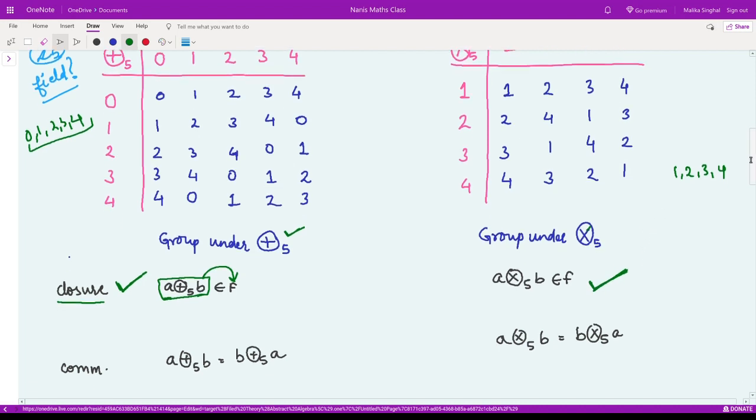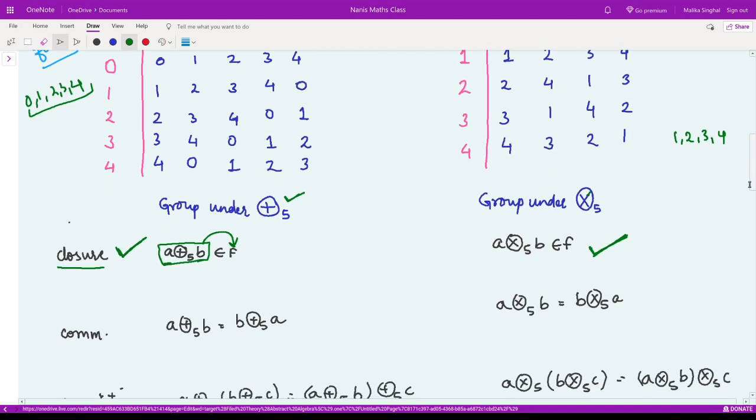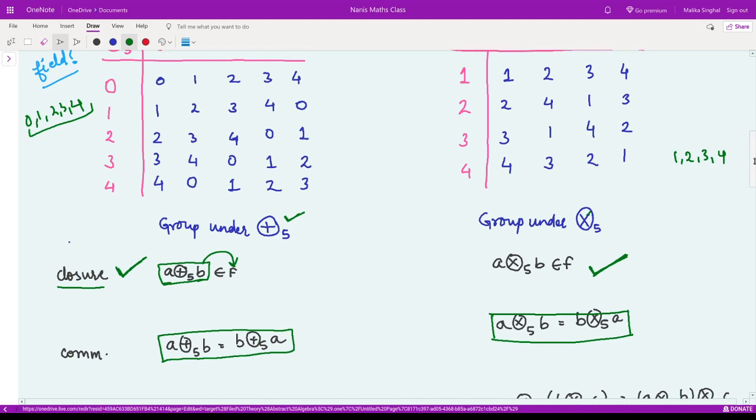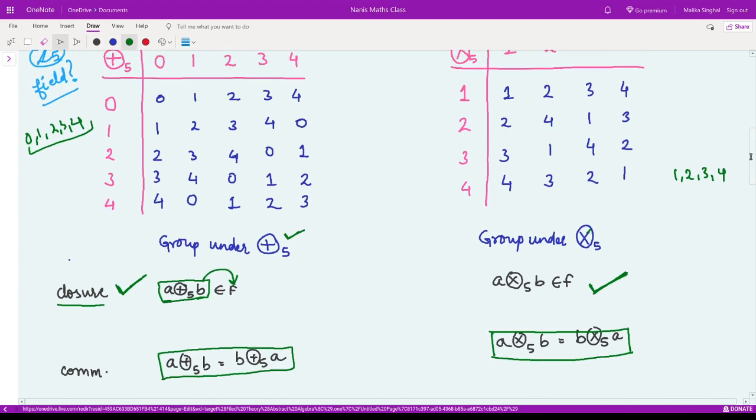The next property is the commutative property. Under these two operations, it would be a addition modulo 5 b should be equal to b addition modulo 5 a, and for multiplication, a multiplication mod 5 b should be equal to b multiplication mod 5 a. So if you take any two numbers here, then the reverse should also be true. Let us have a quick look.